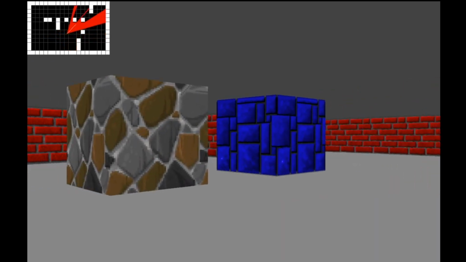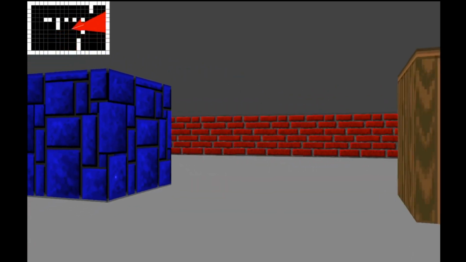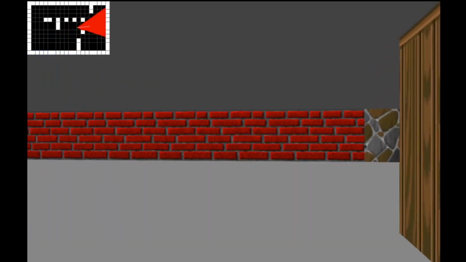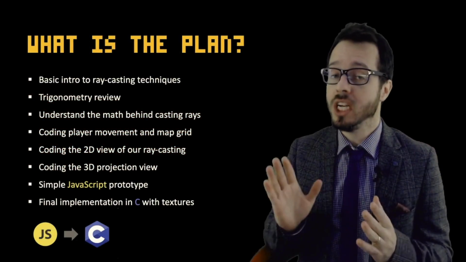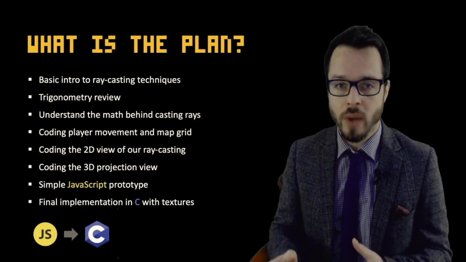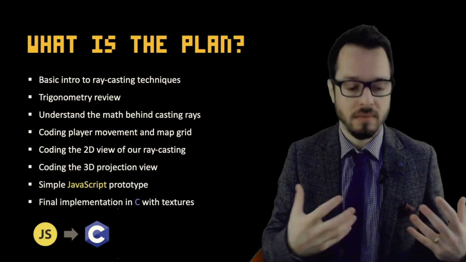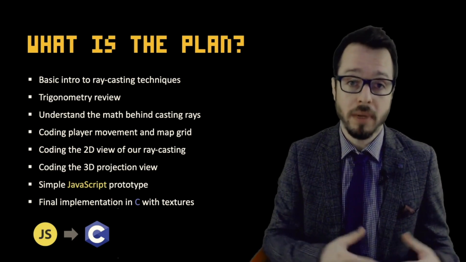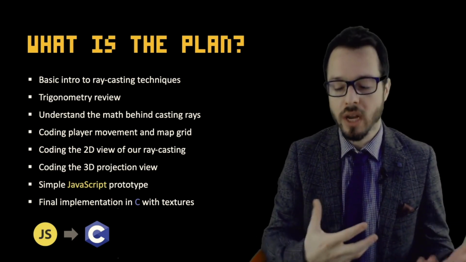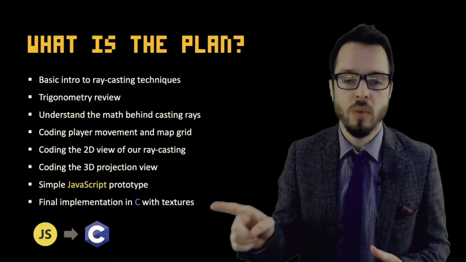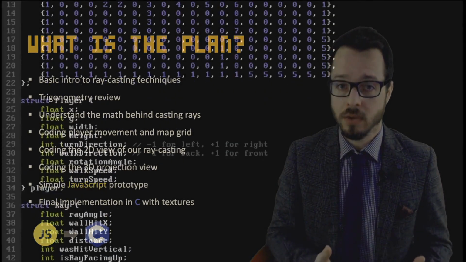In the C implementation, we can really squeeze more performance out of our engine. So first part of the course, JavaScript, and then to evolve and create a full-featured raycasting engine with textures and optimization details, we are going to use the language C.